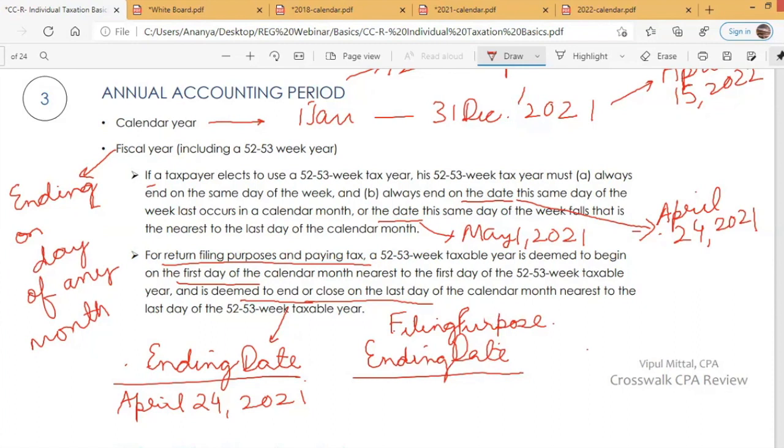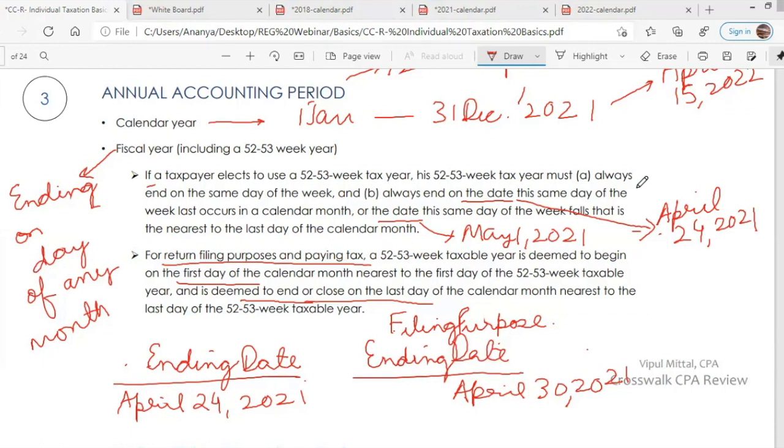What is the last day of any month that is closest to April 24th? Is it March 31st? Is it April 30th? Yes, April 30th, 2021.